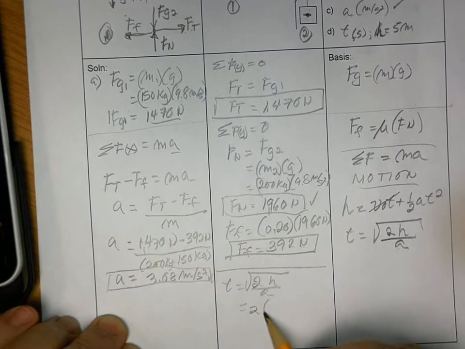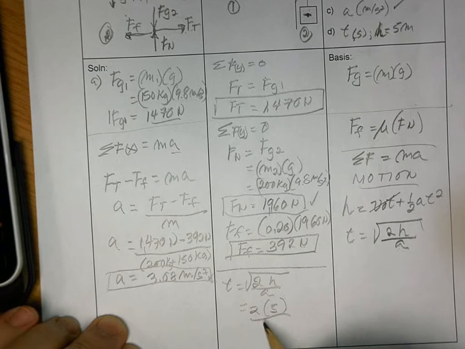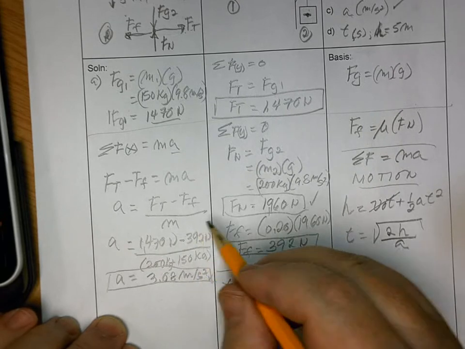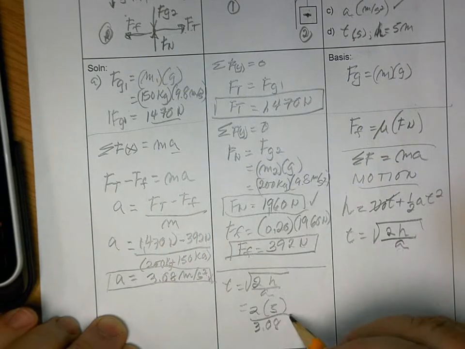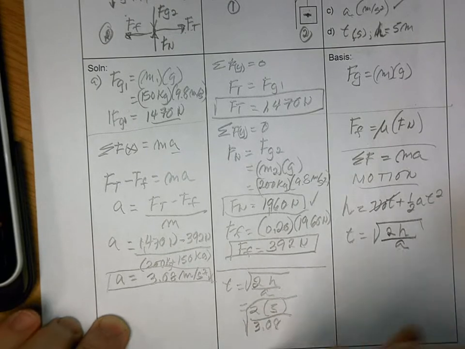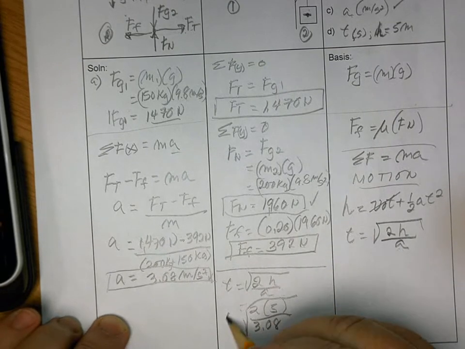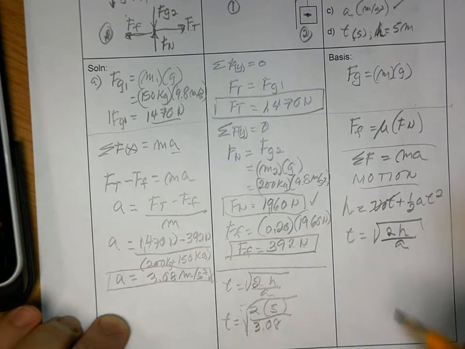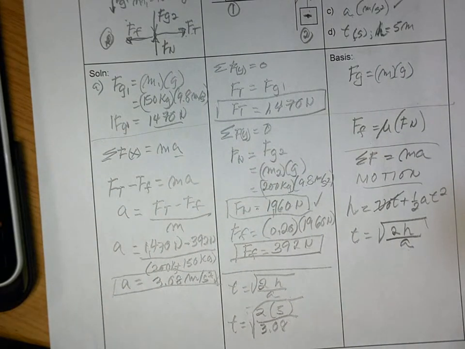Okay, 2 times 5 divided by 3.0. Okay, notice that I'm keeping with the significant figures because I'm calculating these things and I don't want to get too far away. Okay, when you get to time though, just the number of seconds or one decimal place is fine.